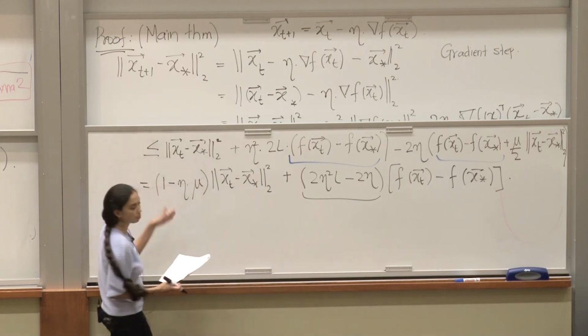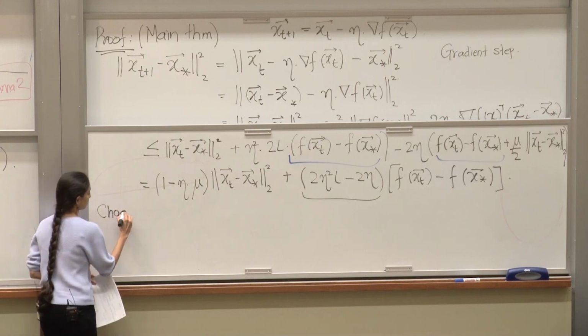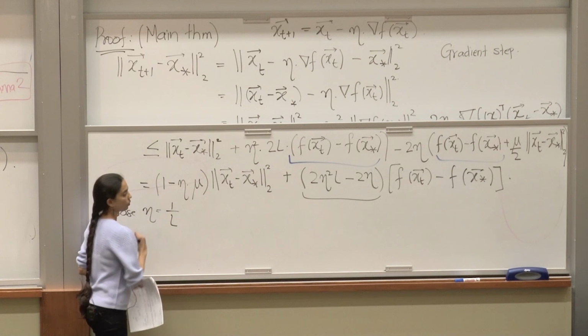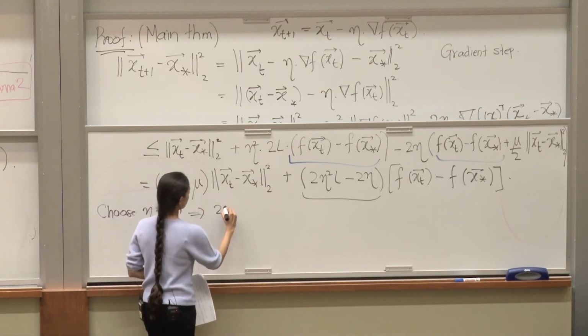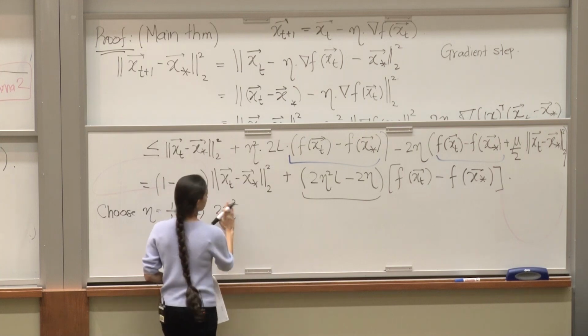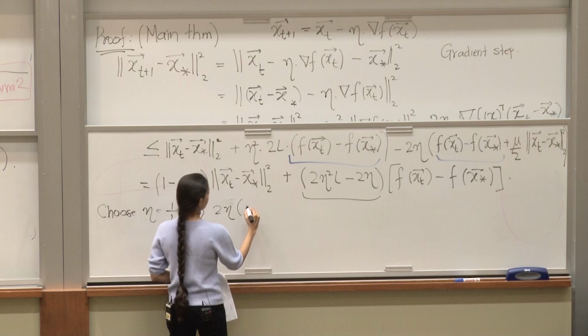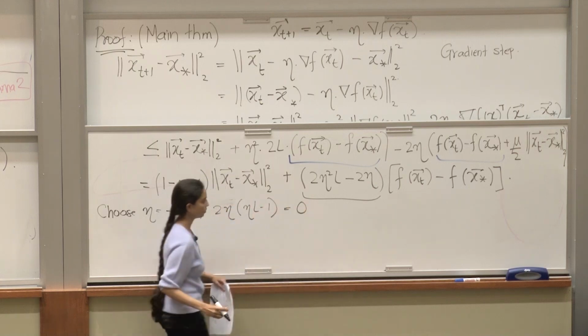This would be this nice property that we wanted to have here. So choose eta equal to 1 over L. This implies that 2 eta squared, or basically 2 eta times eta L minus 1, is equal to 0.